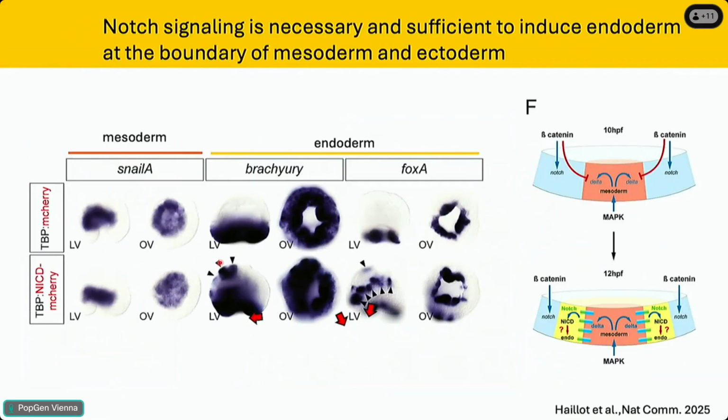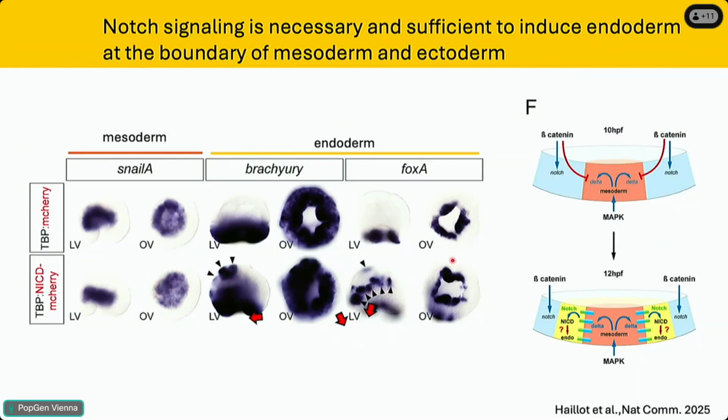And then you get patches of expression, ectopic mosaic patches. And then we looked for either mesodermal markers or endodermal markers. Mesodermal markers never are activated by this, but endodermal markers like brachyury and FOXA are ectopically activated by these patches of activated notch. In other words, notch is not only necessary, but is also sufficient to activate endodermal territory.